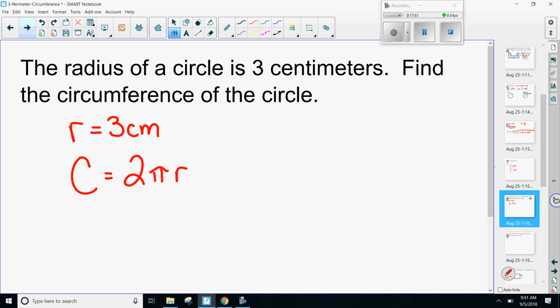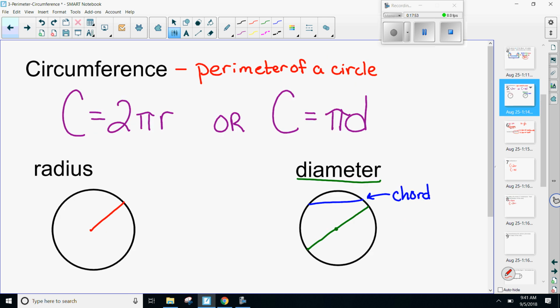If you look back when we talked about a diameter, the diameter here in green is the same thing as 2 radii. It means the same thing as twice the radius. Diameter is twice the radius.